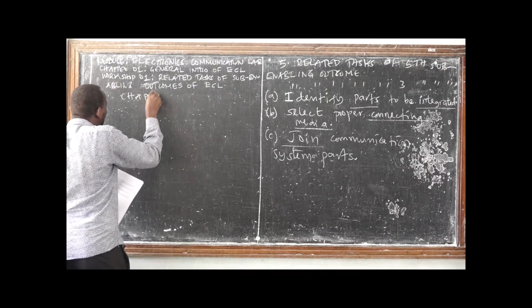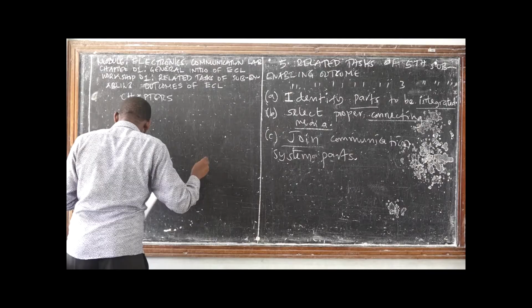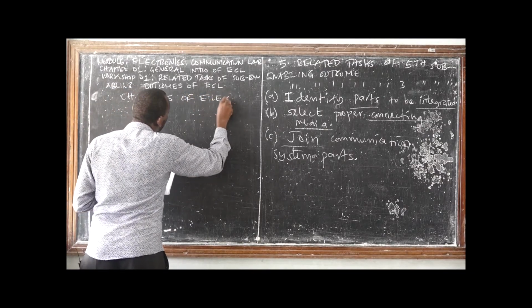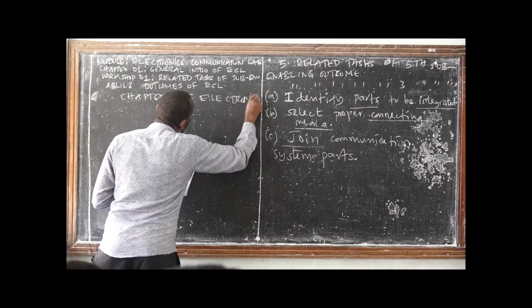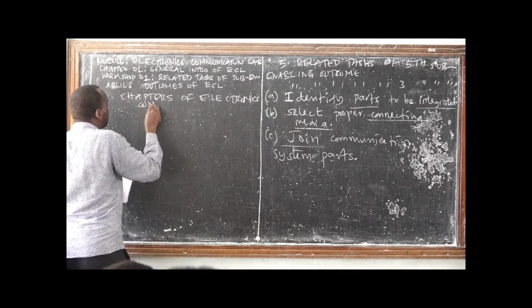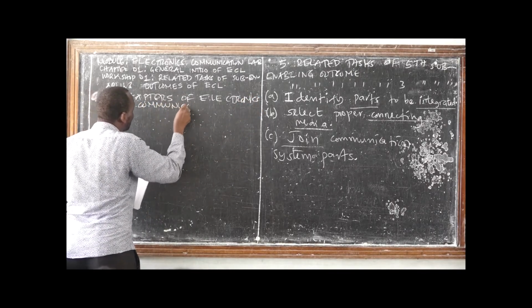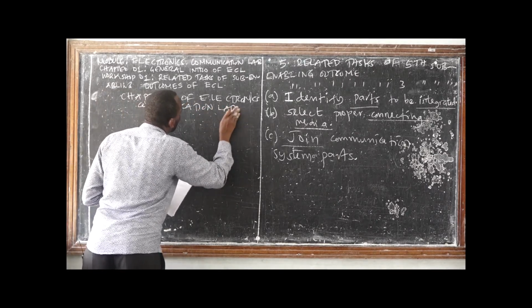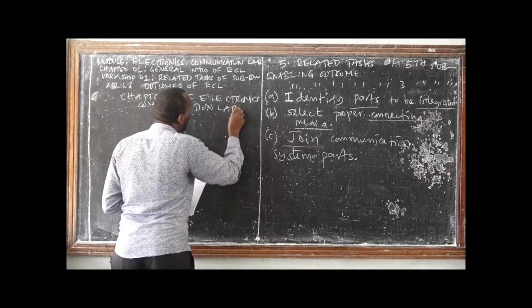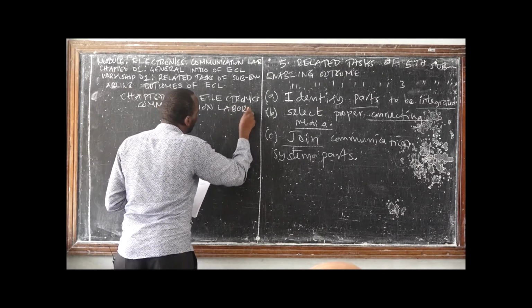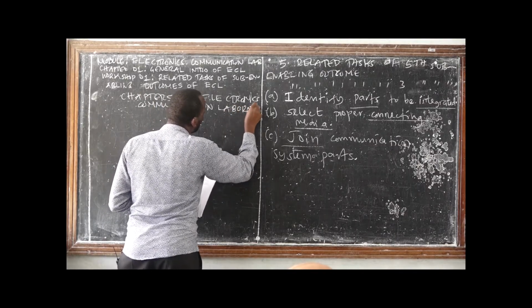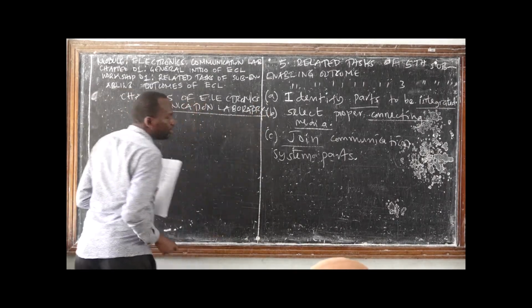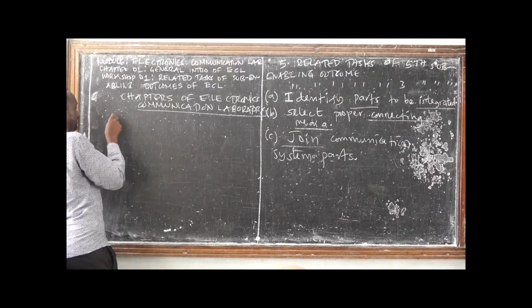So ladies and gentlemen, I'm very happy to present to you the chapters of electronics communication laboratory. When I mention these chapters, you'll have a good time to move around the laboratory yourself, because you know the chapters that you have to cover. So we have 7 chapters.